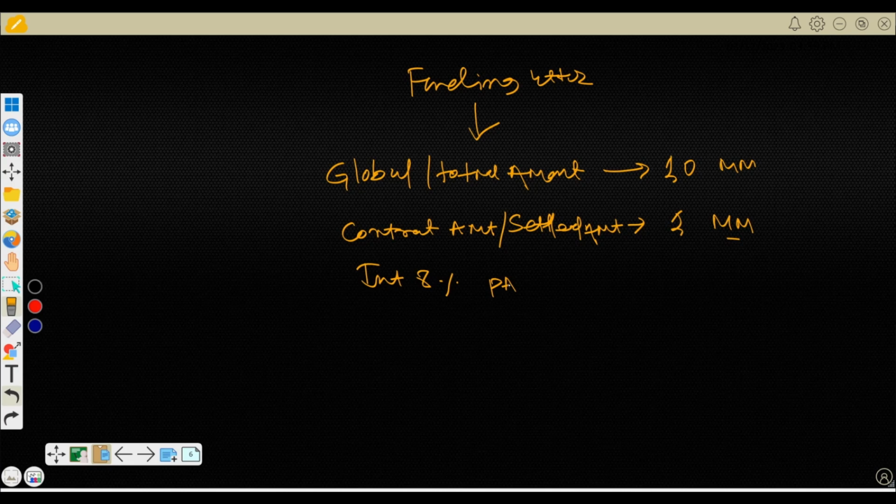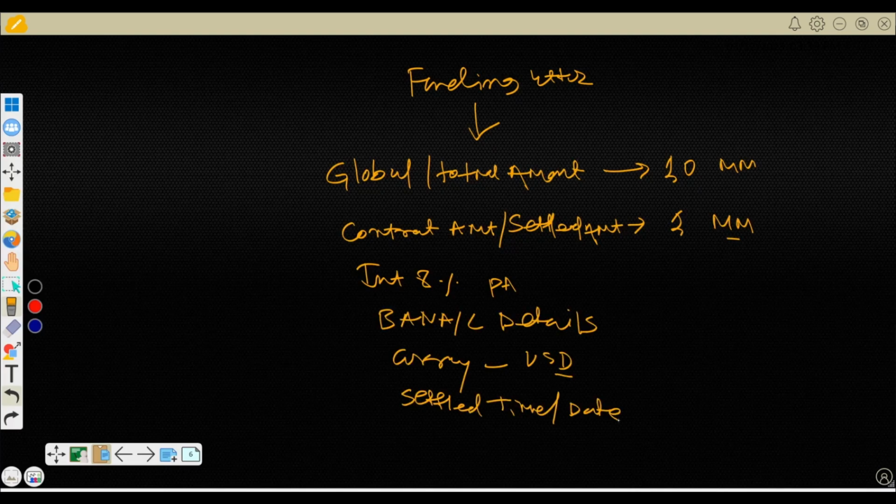Currency, let's say USD, the settled time or date, the name of the counterparty, the name of the investor who paid it, the bank name. So all these details are required.